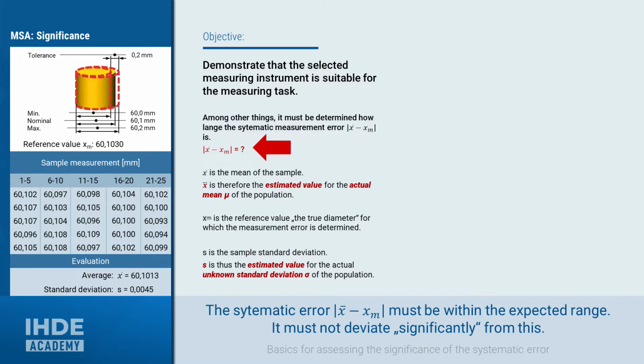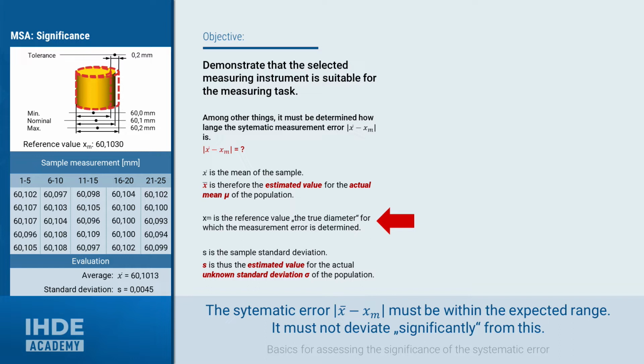This is defined by the formula with the vertical dashes, where x bar is the mean of the sample. In this case, random sample means that the 25 measured values in the table on the left were all measured with the same measuring instrument on a part on the same characteristic and by the same person. xm is the reference value for which the measurement deviation is calculated.